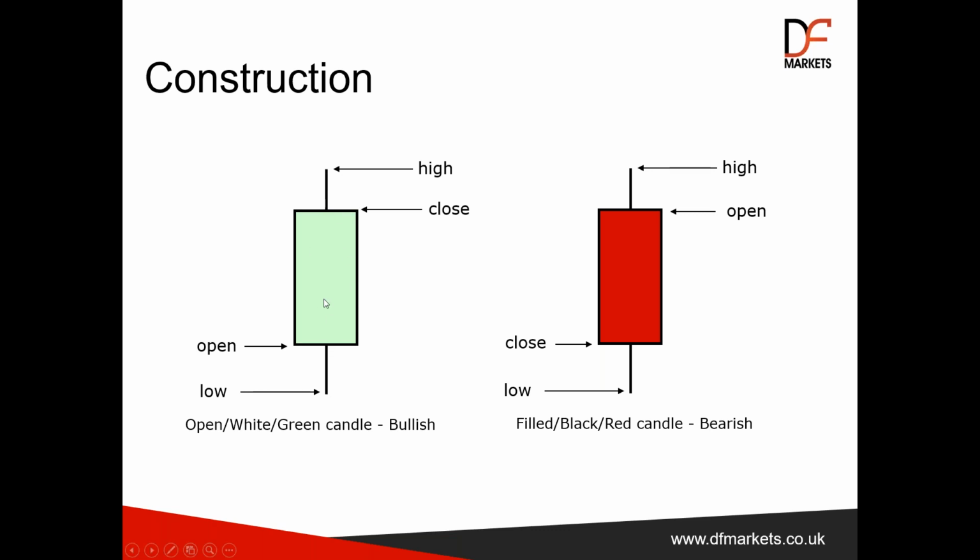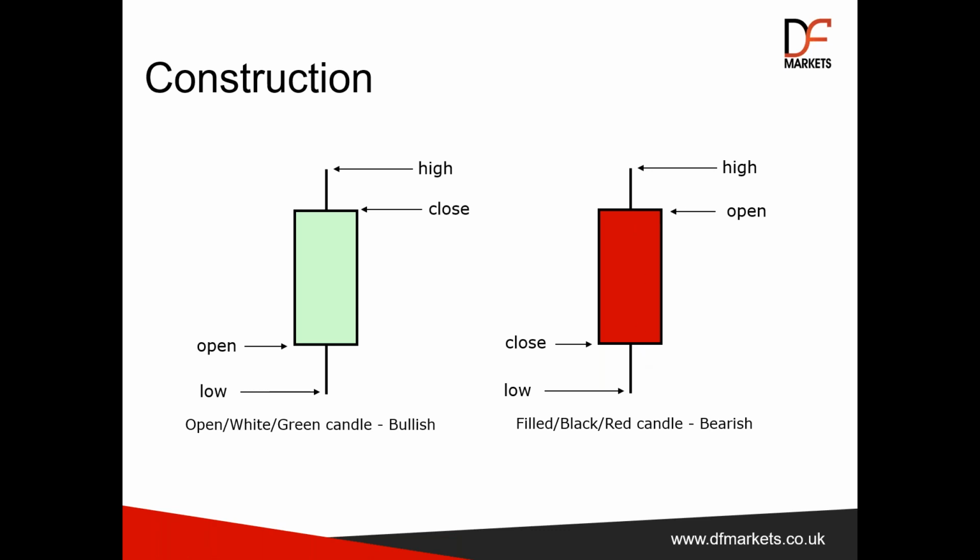So that bit in the middle there is green. If we open here, trade up to this high, trade down to a low here, and then close here, this right-hand side candle is a filled candle, or black or red, red in the color scheme we're using today, and that means we closed below where we opened, and that is a red candle.